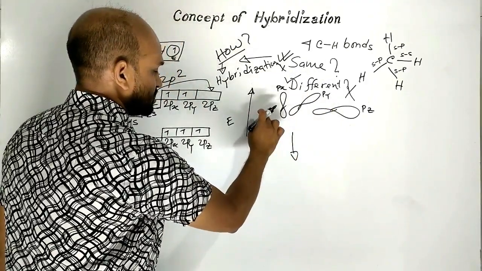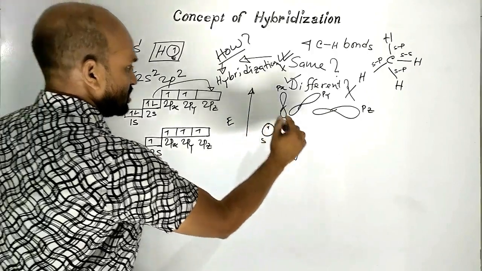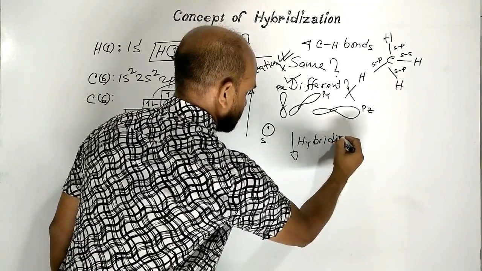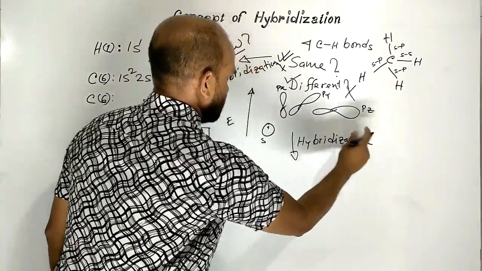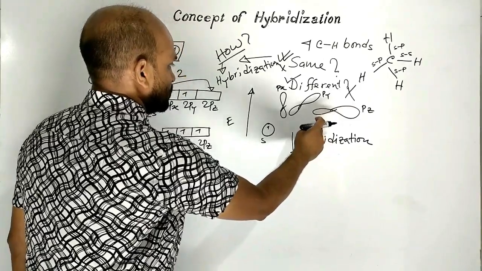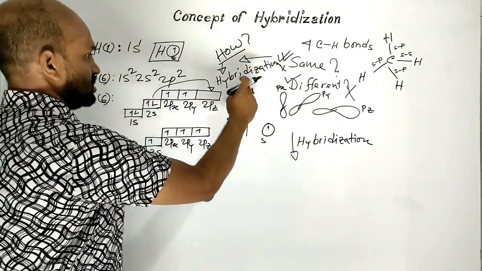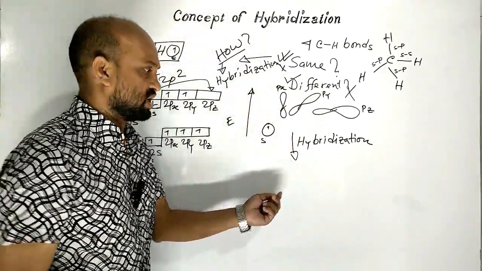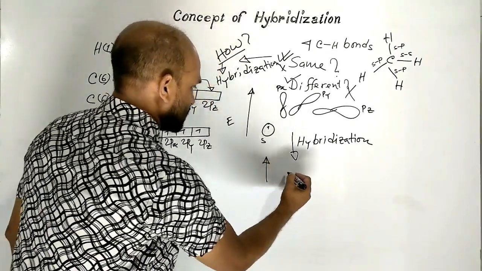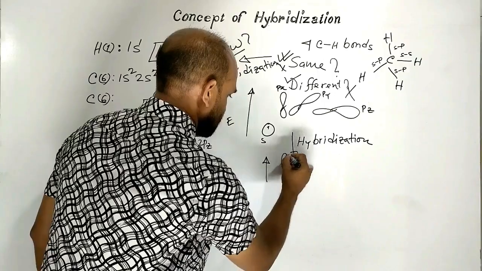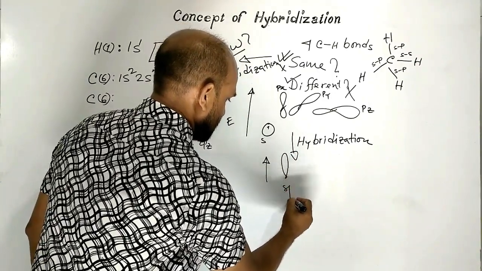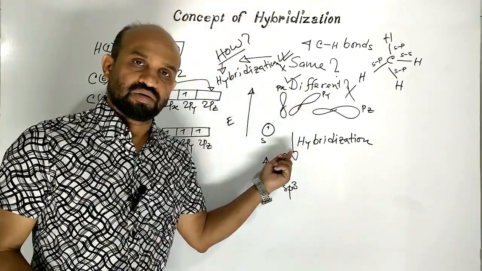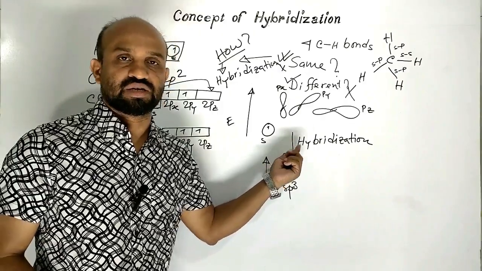These four orbitals mix with one another, that is, hybridization occurs. Mixing occurs in the four orbitals, and as a result four orbitals are formed. Those are sp3 orbitals. Here mixing occurs among four orbitals, 1s and 3p.